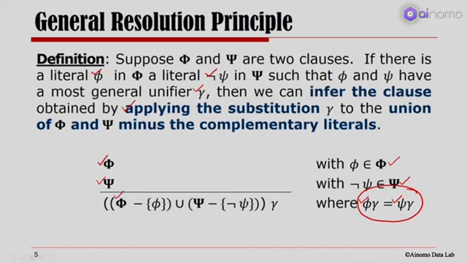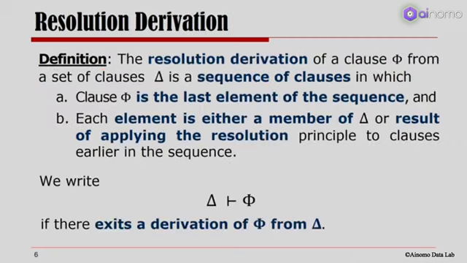So the sequence of delta 1, delta 2 to delta n finally comes back with delta n as the empty clause, and that's the resolution refutation of delta. One interesting thing to note about this is that the set of clauses, if you look here, which had led to an empty clause, that means which had proved to be refutable, is actually unsatisfiable, because you could see in the very first level I could have things like q and not q.